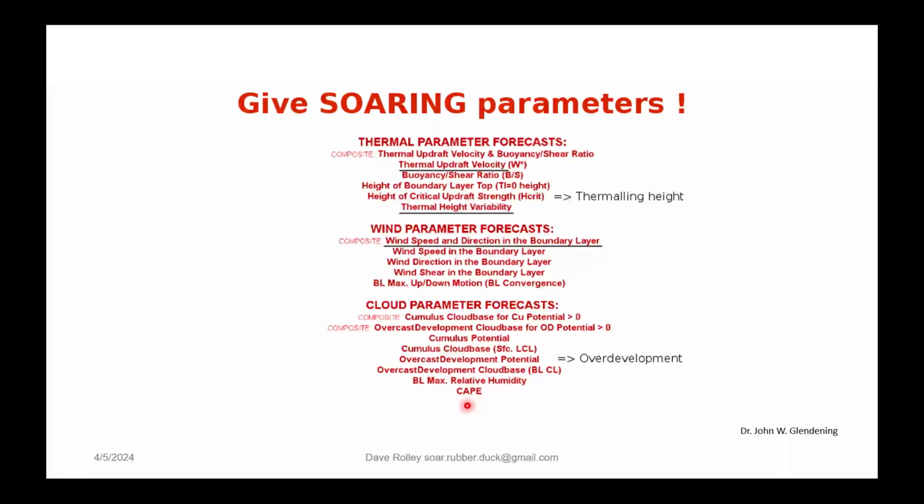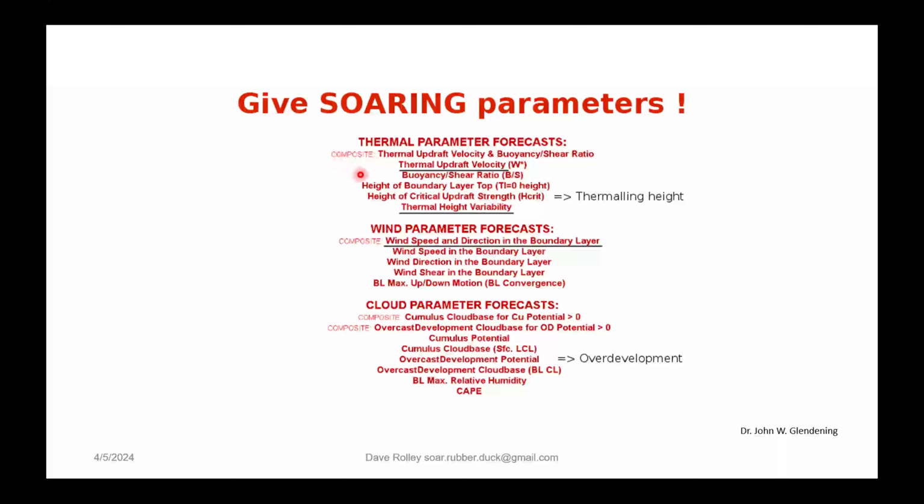Others are composites. So for instance, the first one up here on the list under the thermal parameters is thermal updraft velocity and buoyancy shear ratio. So the thermal updraft velocity and the buoyancy shear are merged and put on a single presentation. And again, I'll show you this when we do the demo.